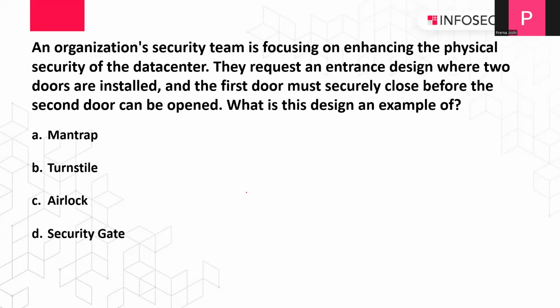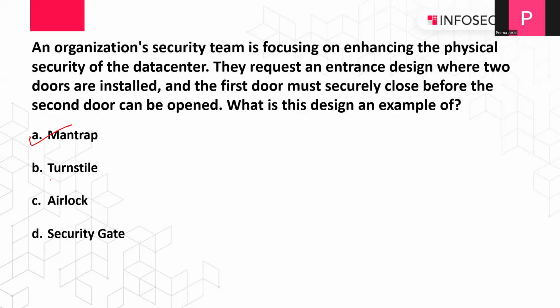This design is an example of a man trap. A man trap is a physical security measure designed to control access to sensitive areas like a data center. It has a small space with two doors, where one door must securely close before the second door can be opened. This ensures that only one individual can enter at a time and provides an additional layer of security. The correct answer is option A, man trap.